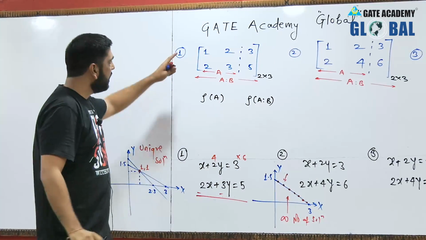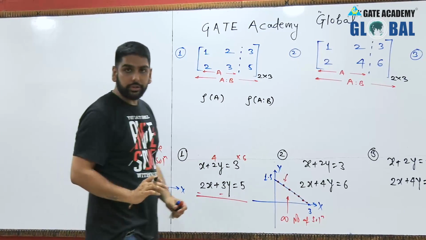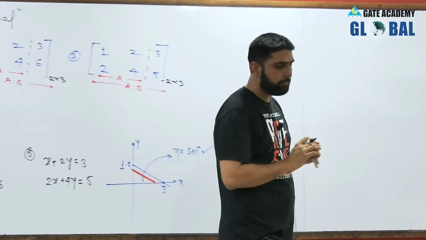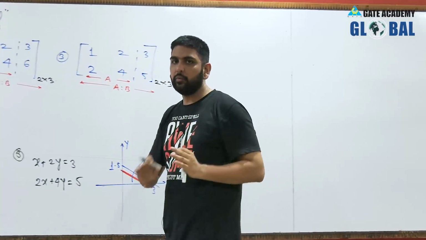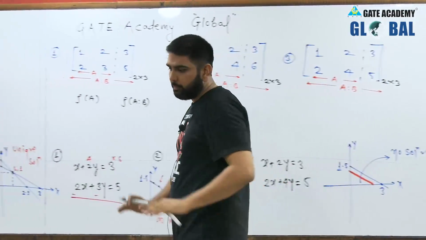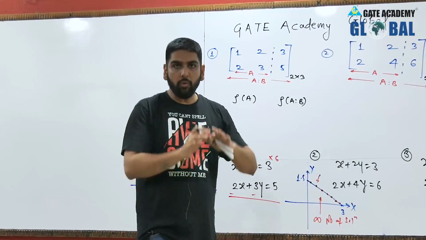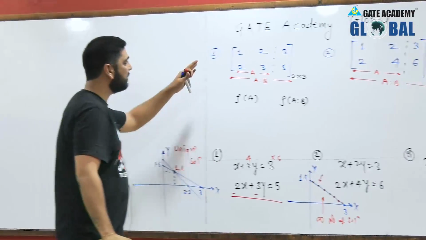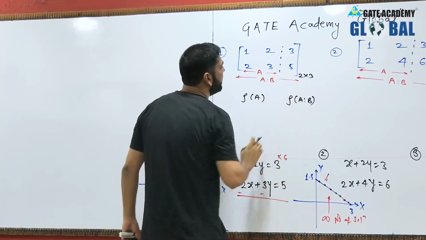Now again, if I want to see the relationship, as I told you in the previous video, if there is a relationship, that relation converts into the nullity, which is not counted in the counting of rank. So here we have 1, 2, 3 and 2, 3 and 5.